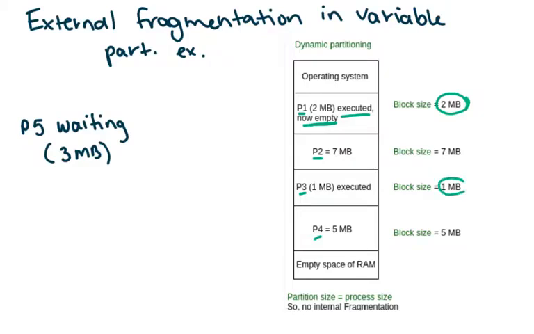P3 is now empty with a block size of 1. Let's imagine that P5 is waiting and it needs 3 megabytes. Again, there's 3 megabytes available, however, they're in non-contiguous spots in memory. So once you've done the variable partitioning, without another mechanism, which we'll talk about in a second, this is now causing external fragmentation as well.